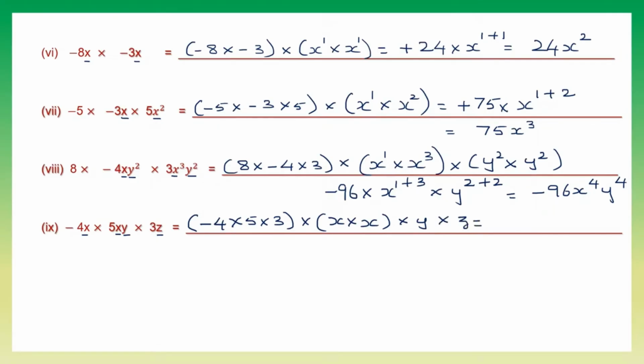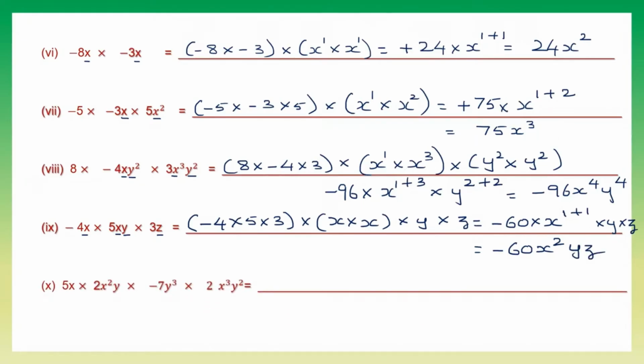So here we have minus sign. Let's put the minus sign. 4 5s are 20. 20 into 3. 2 3s are 6. So 20 into 3 is 60 into x to the power of 1 plus 1 into y into z. So what do we have here? Minus 60. x to the power of 1 plus 1 is 2. x square y z.